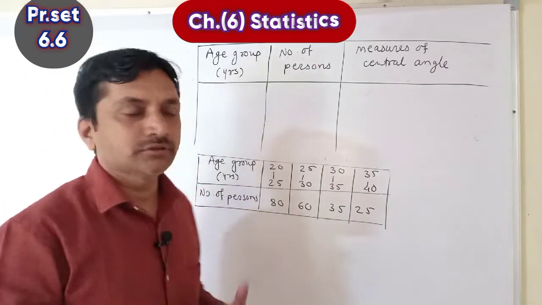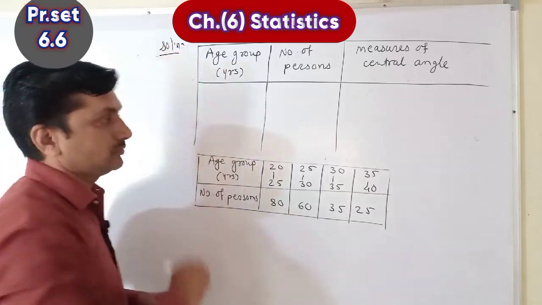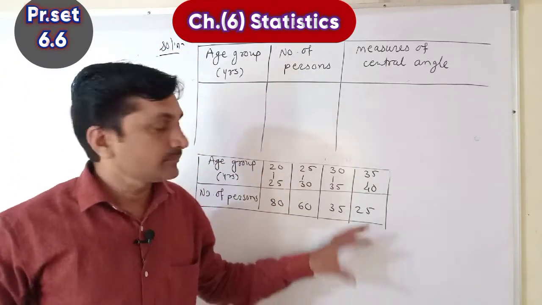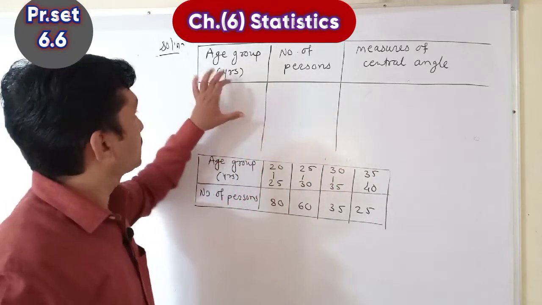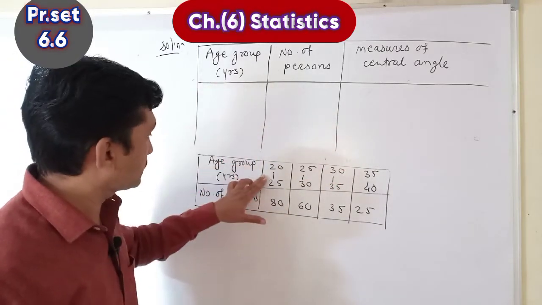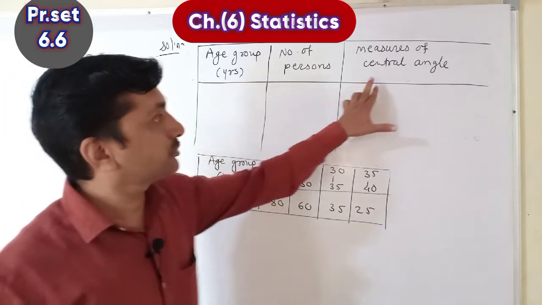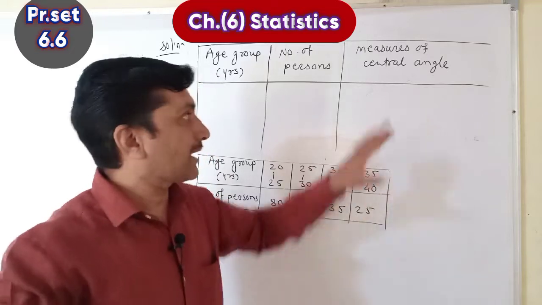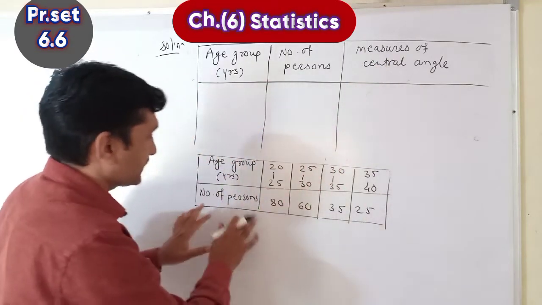Dear friends, now in the solution we have to draw the table vertically. This is horizontal, we have to draw vertical. The first column as it is, age group, number of persons second as it is. Third, we have to add this column here, measures of central angle. Now I copy these both here as it is.